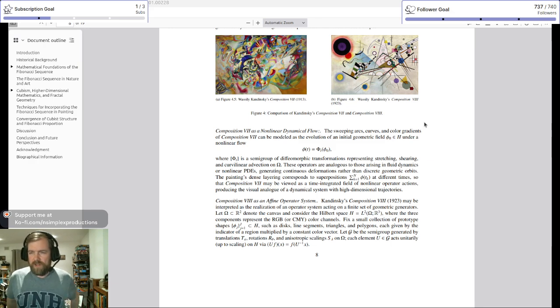These operators are analogous to those arising in fluid dynamics and nonlinear PDEs, generating continuous deformations rather than discrete geometric orbits. Painting's dense layering corresponds with superpositions at different times, so composition 7 may be viewed as a time-integrated field of nonlinear operator actions.